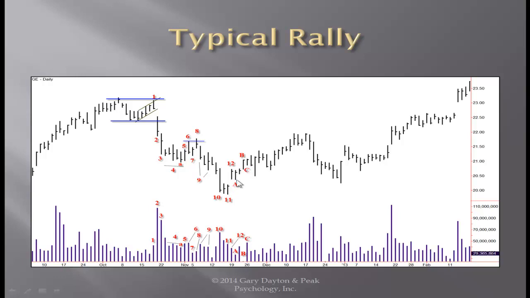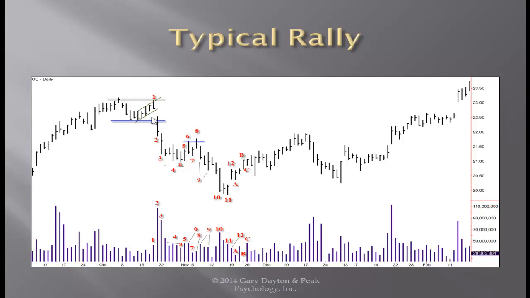But markets often, when they've been damaged like this, will often rise on light volume. We don't need to see the heavy volume coming in after a climactic move like this. Okay.